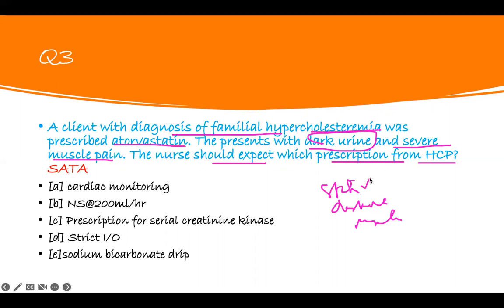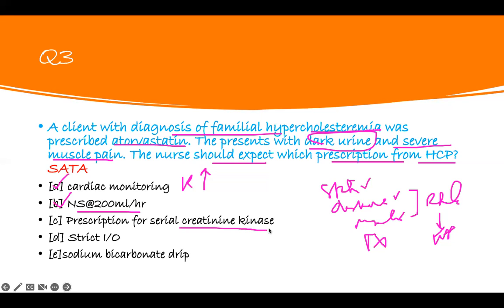So statin, well, what happens when statins cause dark urine and muscle pain? That is rhabdo. So what treatment? I'm looking for treatment. Cardiac monitoring. Yeah, potassium goes up from the rhabdo. So we go to cardiac monitoring. Yeah, treatment for rhabdo, number one is IV fluid.